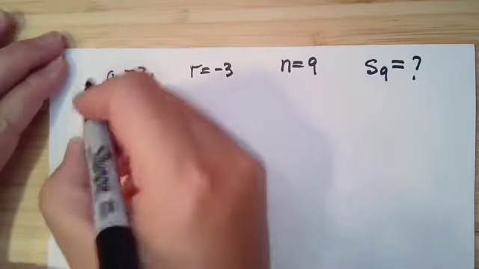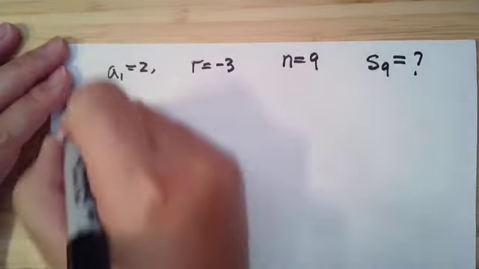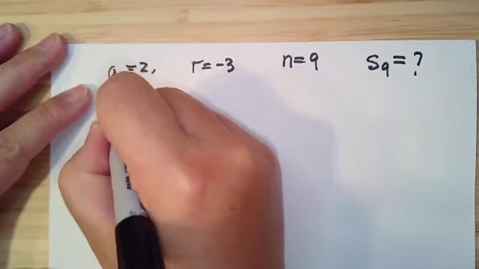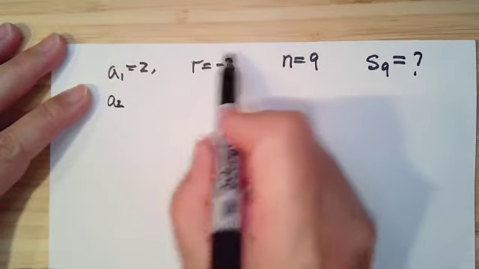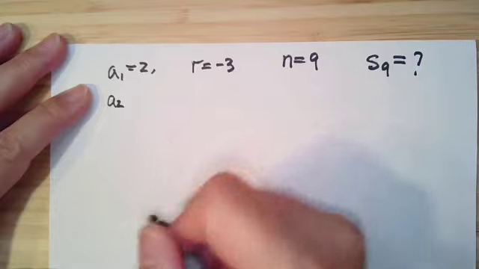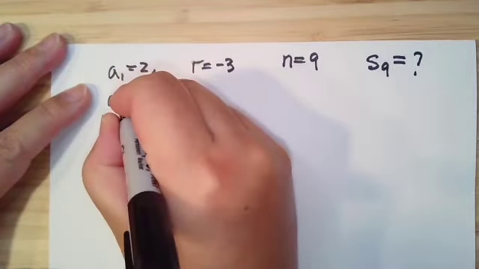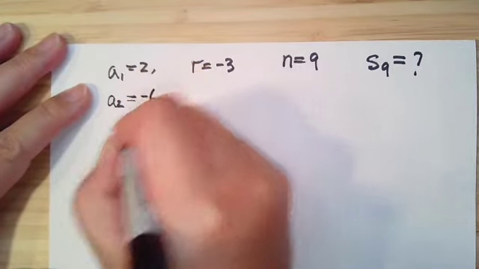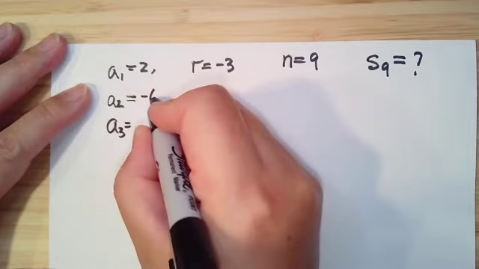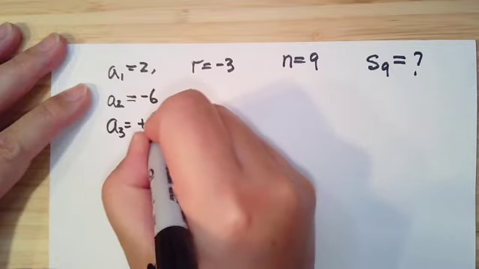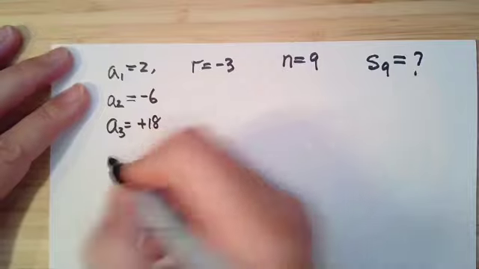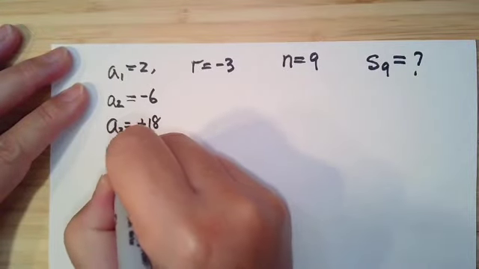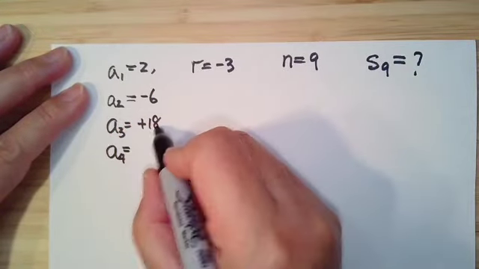The first term, actually, if you want, you can do that. So you have A1 is 2, so what about A2? Every time you multiply the previous term by -3 to get the next term. So that will be this times -3, and A3 will be this times -3. I get a positive 18, right? So A4 is this times -3.